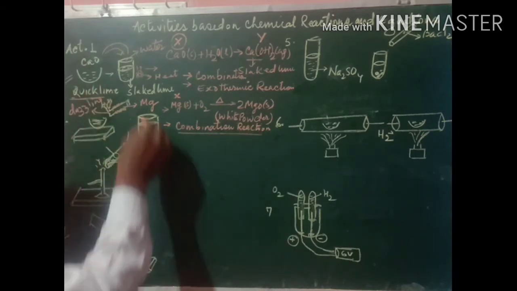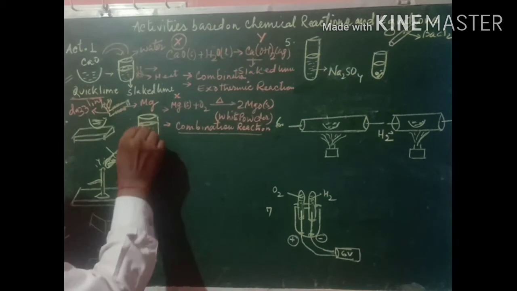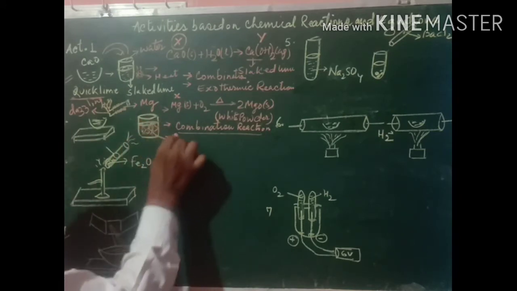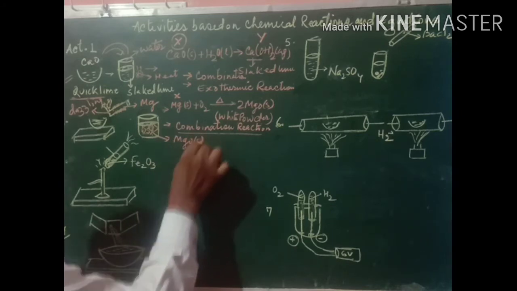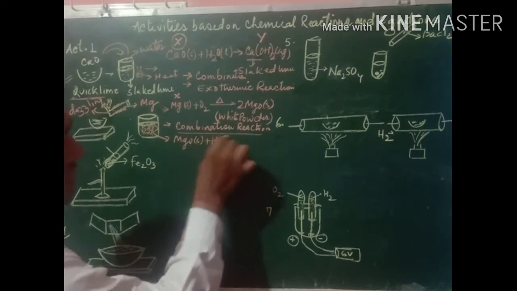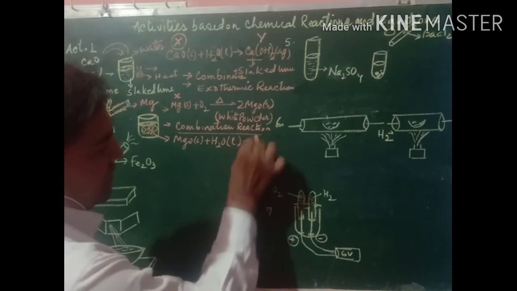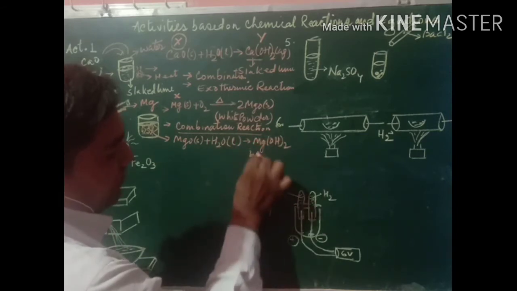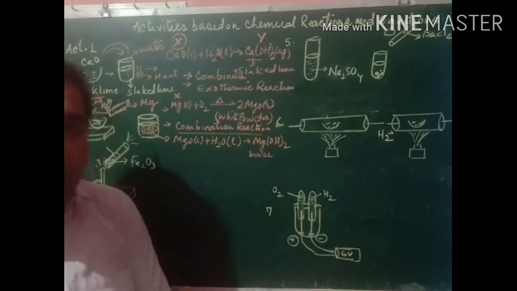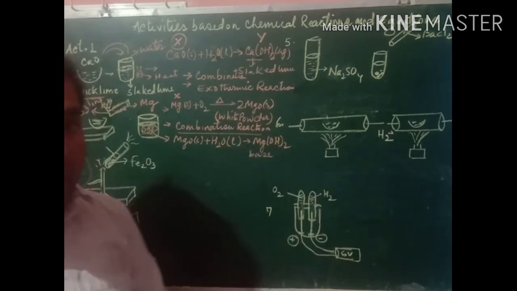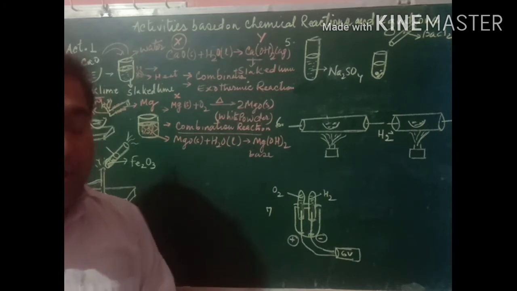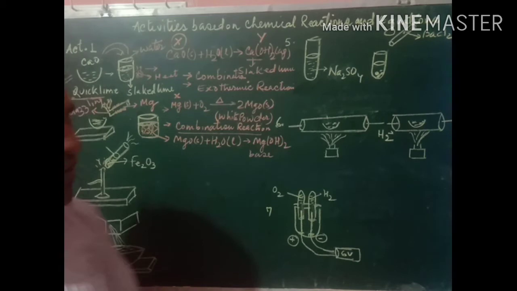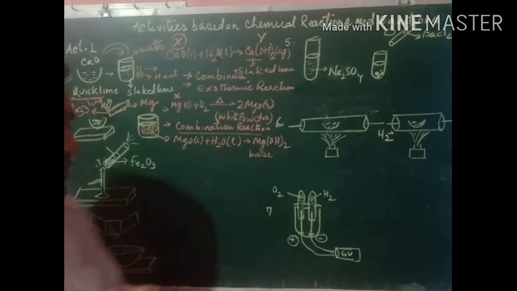But when this magnesium oxide is dissolved in water, it forms magnesium hydroxide, that is a base. Understood students? This is the base, as you have also read in the acid, base and salt chapter, and in the short videos also I will tell you about acids, bases and salts.